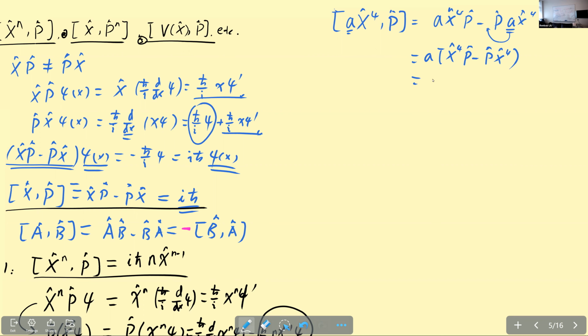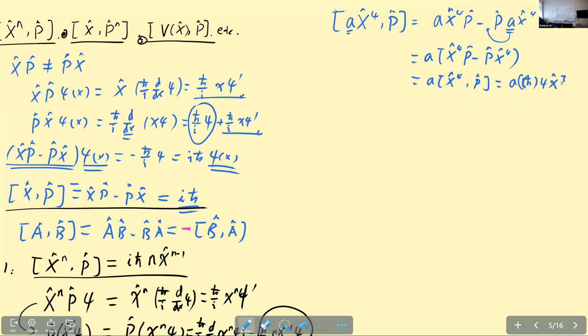So that means this one just equals a, the commutator between x to the fourth power and the momentum operator p. As we have done before, it will be just equal to a times i h bar and 4 times x to the cubic.